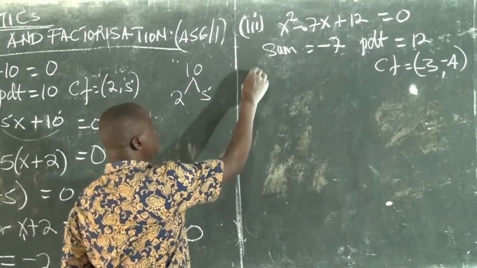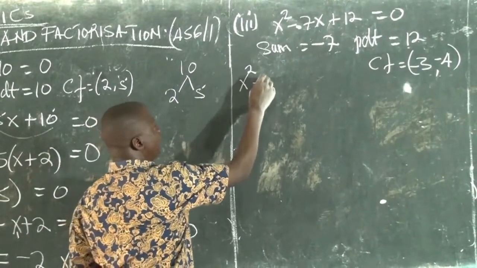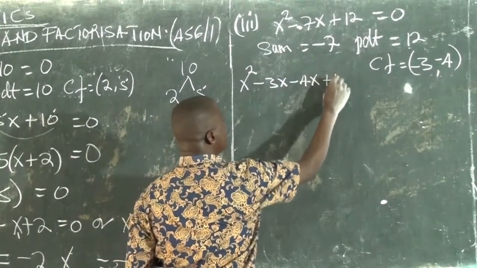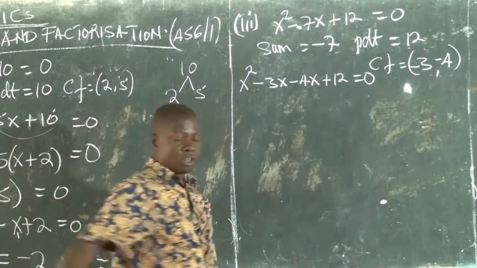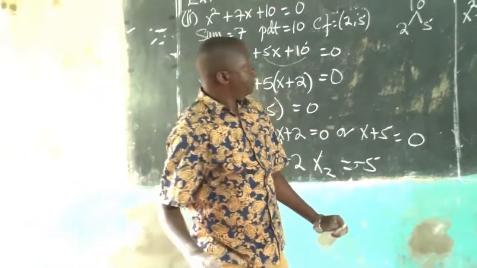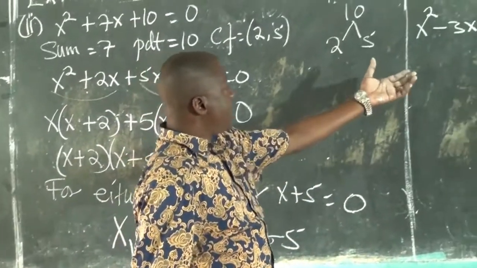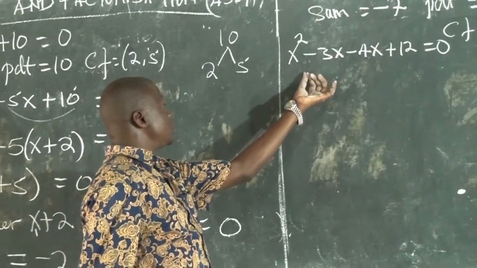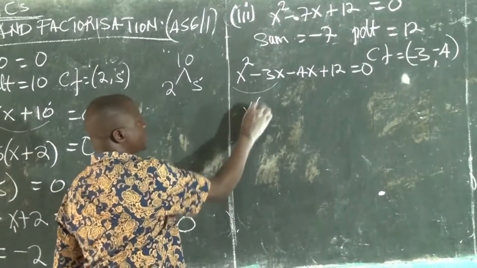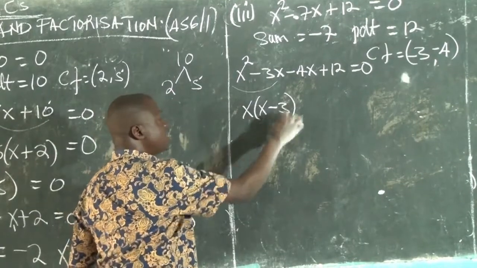Let us substitute: x squared minus 3x minus 4x plus 12 equal to 0. We factorize. Look at these two terms. We have x into x minus 3.